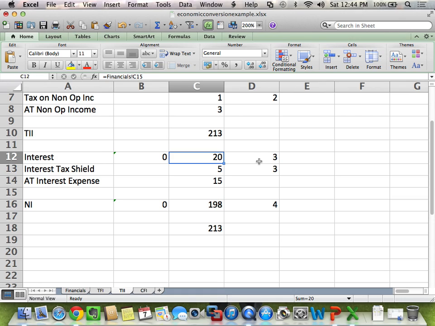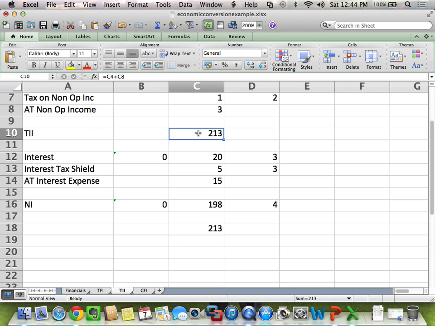Right? Now, here's something that, again, can be confusing. These statements are not accounting statements. They're economic statements. They work differently than the GAAP statements. So here's the point of this. Total income available to investors. It literally means that.